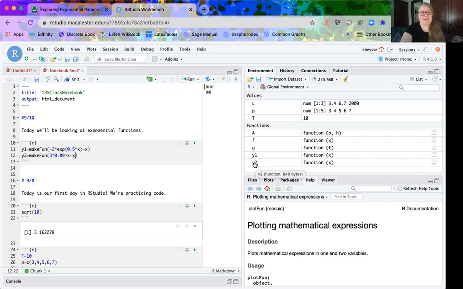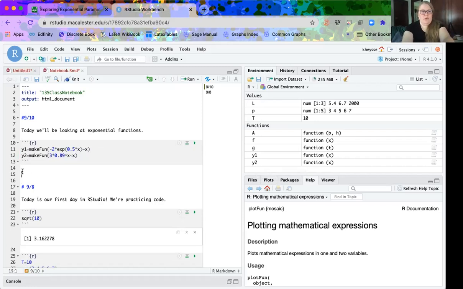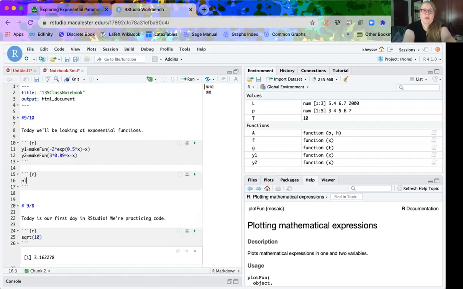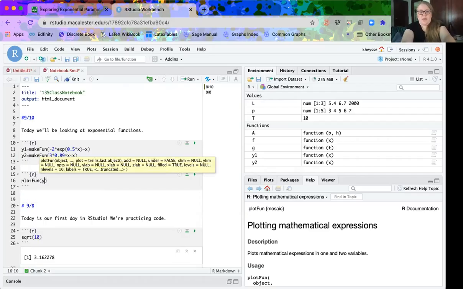Well, let's get a plot of this. So in that same block, or we could do a different block, that would be fine. What I want to do is plot fun. And I already have my function names, right? y1 of x in terms of x.